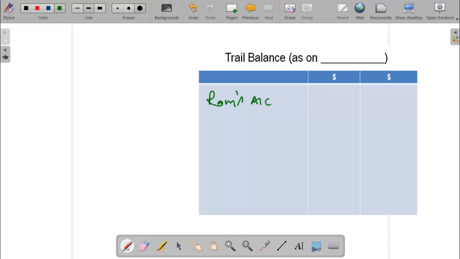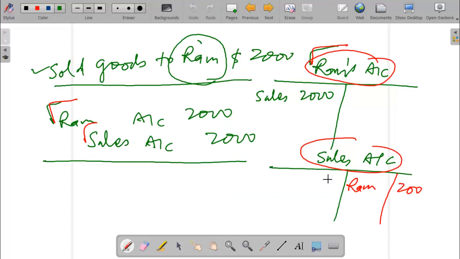So in the debit column I will write 2000. Now the next account in the ledger is the sales account. Sales account is showing a credit balance, but how much? Only 200, isn't it?